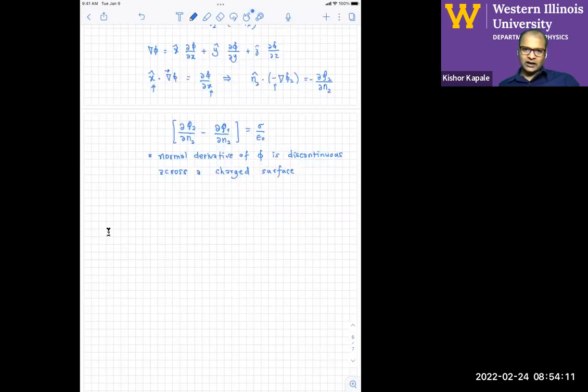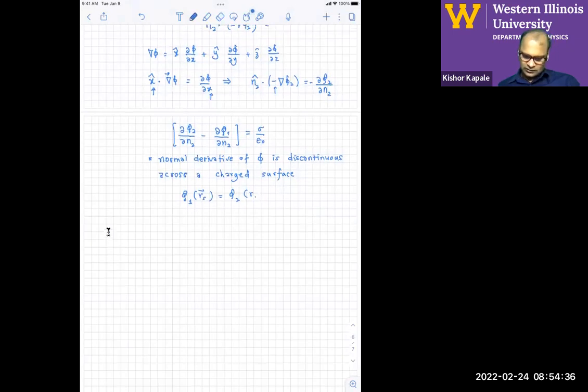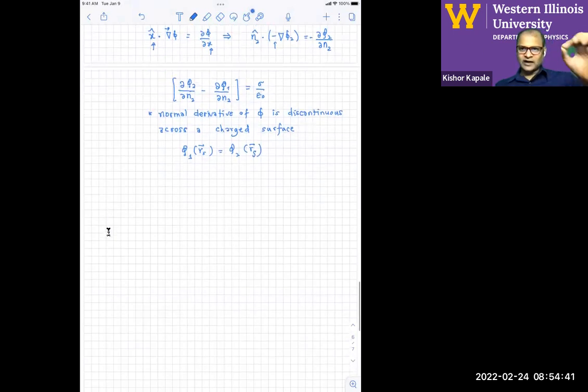And the parallel component of the electric field being continuous just translates into phi 1 at any position on the surface having to match in value with phi 2. So at the surface, phi 1 and phi 2 coming from both sides have to match.